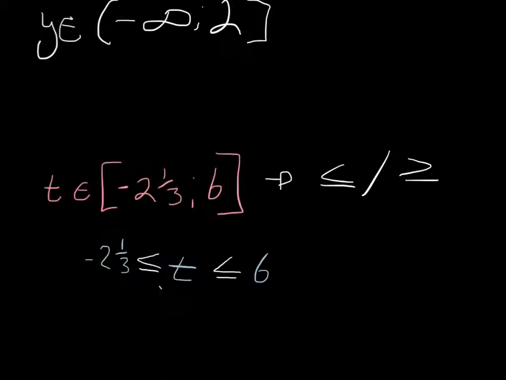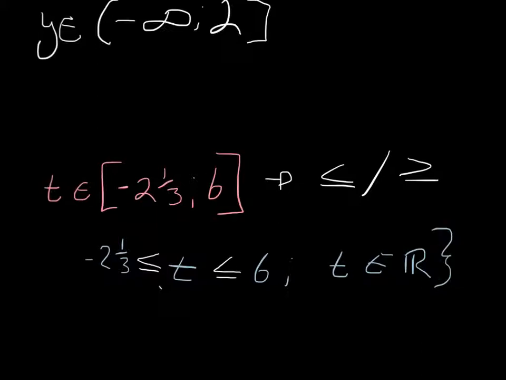So this says to me that t must be less than or equal to 6, but at the same time it must be bigger than or equal to minus 2 and a third. So that's our inequality. All we need to do now is add a restriction, and we know that interval notation can only be written for real numbers. So we know that t is an element of the real number system.